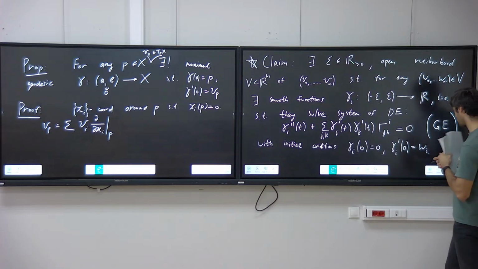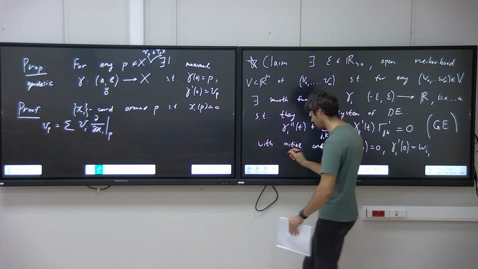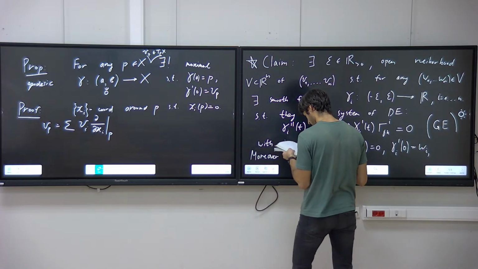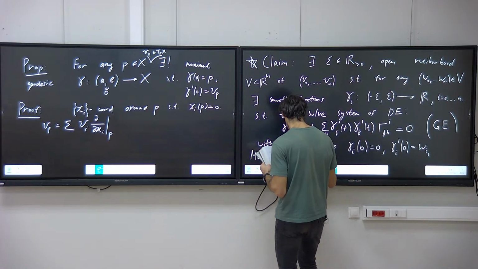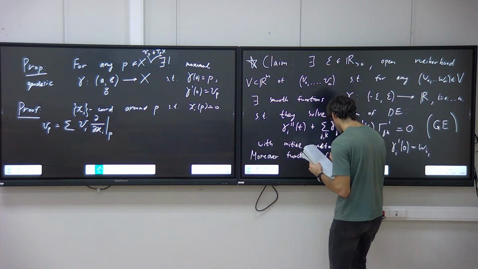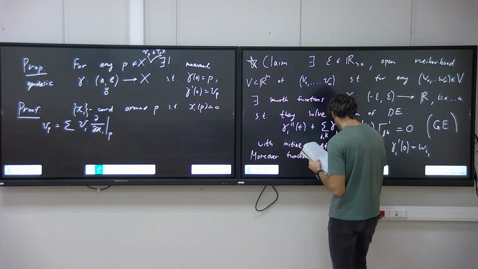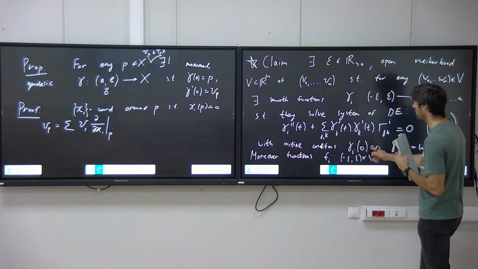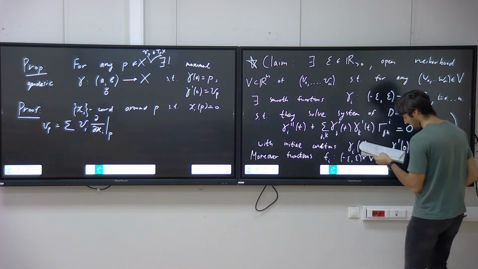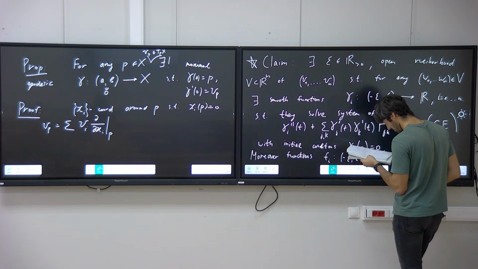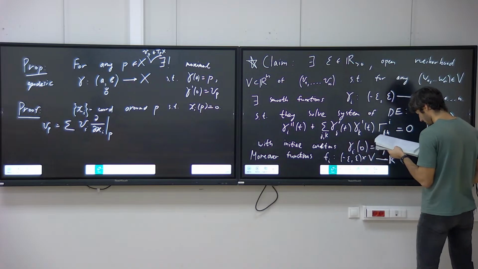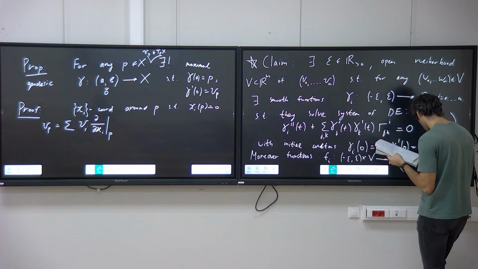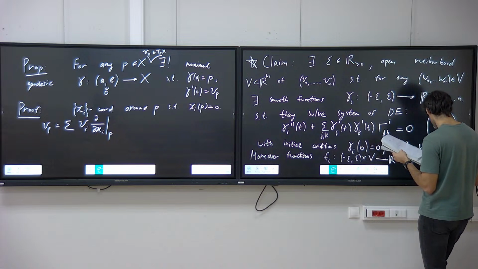Moreover, I'm still not finished, the function f^i, which is from the interval cross V, where V lives inside R^n, to R, is defined as follows: f^i of t, w is my gamma^i of t.